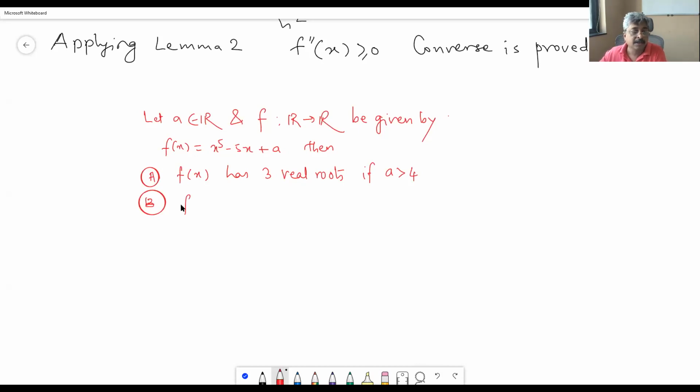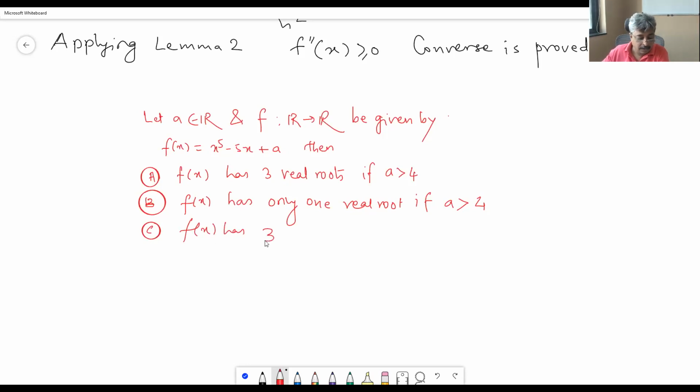Option B: f of x has only one real root if a is greater than 4. C: f of x has 3 real roots if a is less than minus 4.